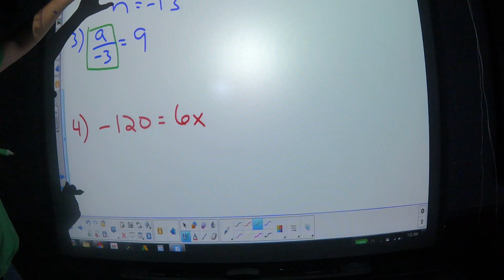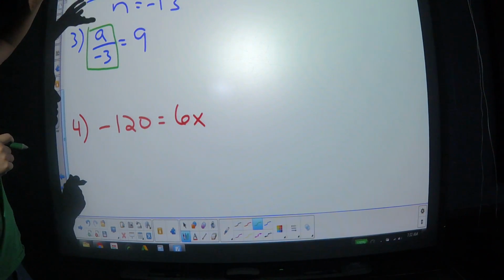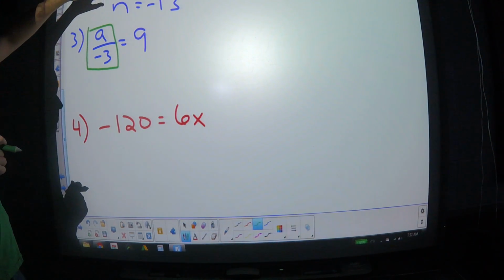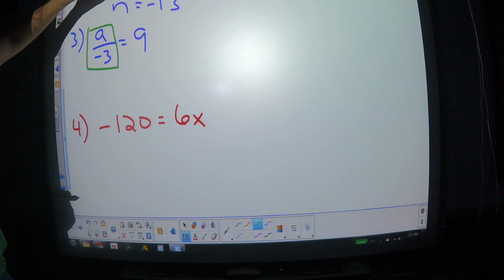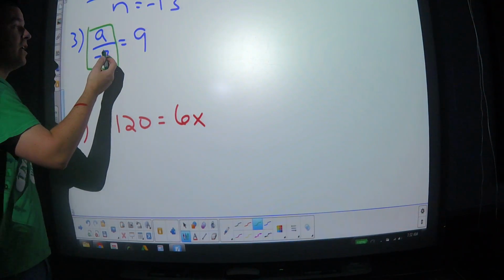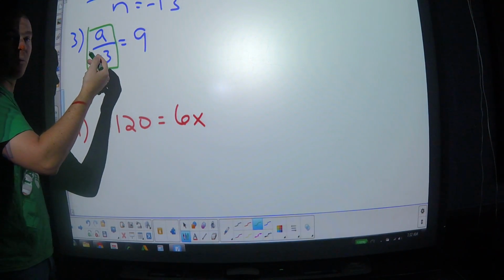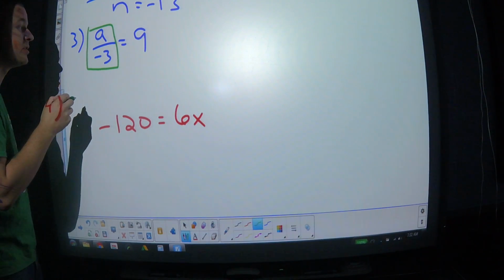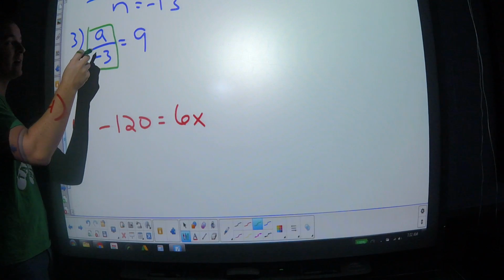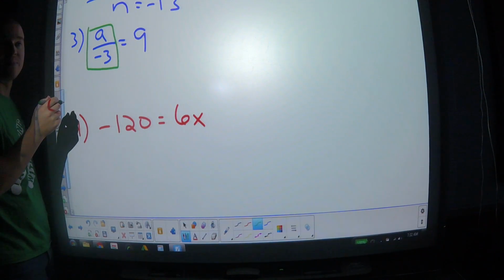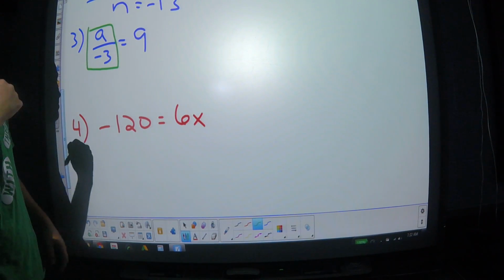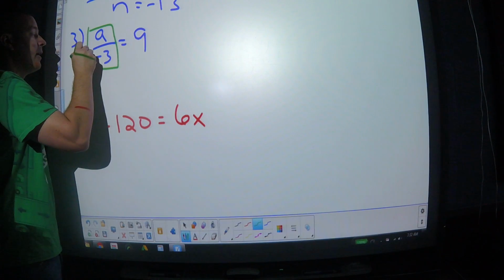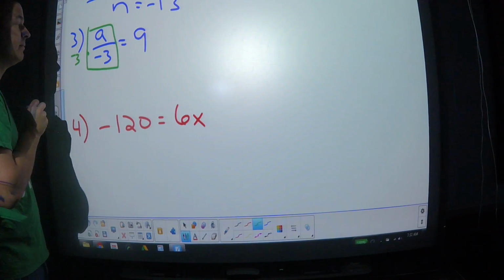Remember that the inverse addition rule is really just referring back to addition and subtraction. You still want to go by the one-step rule that we did before, which is you want to look at what is being done. Division is what's being done. You want to do the inverse of that, or the opposite of that, which is multiply by negative 3.